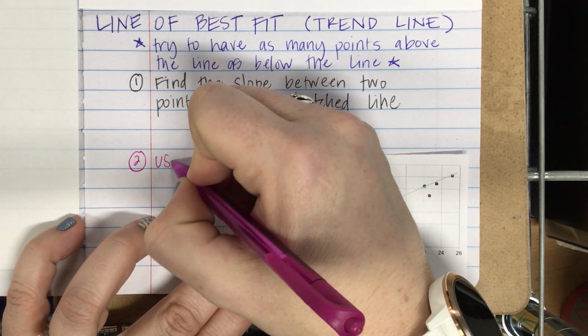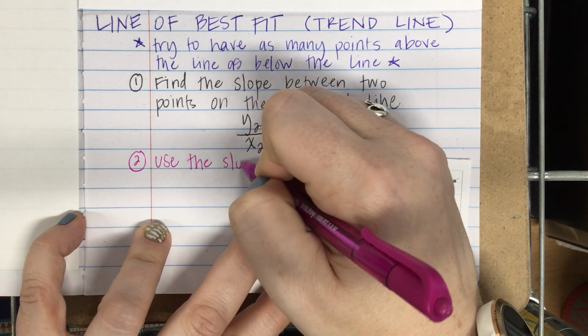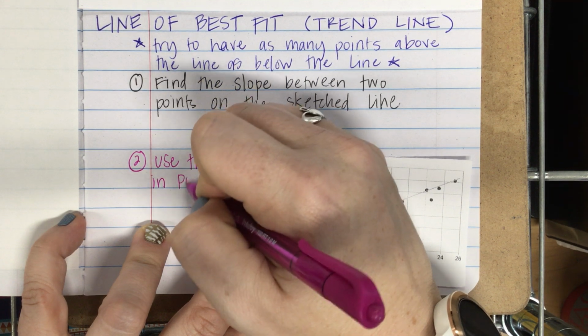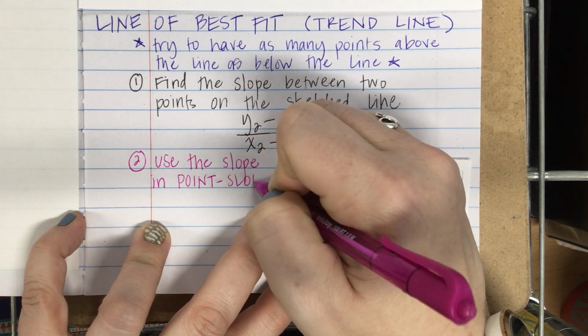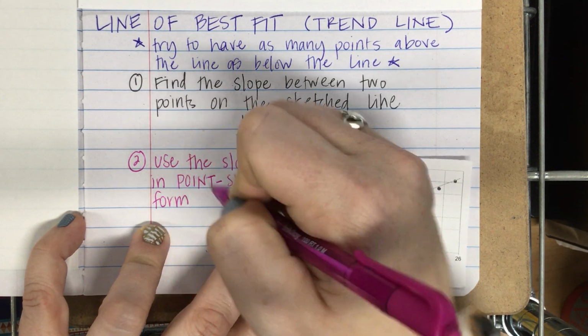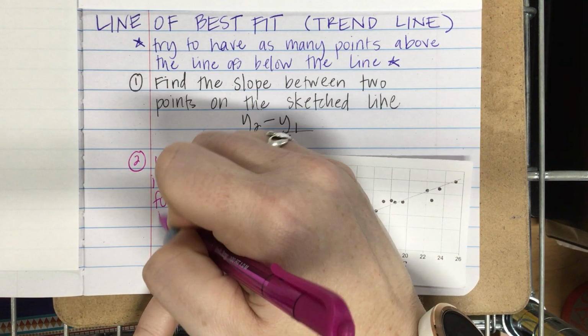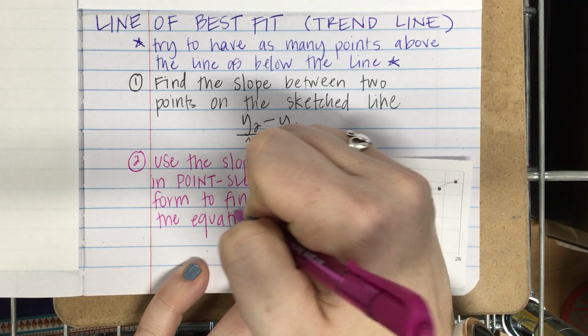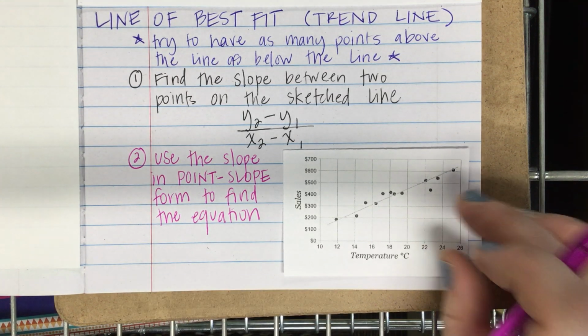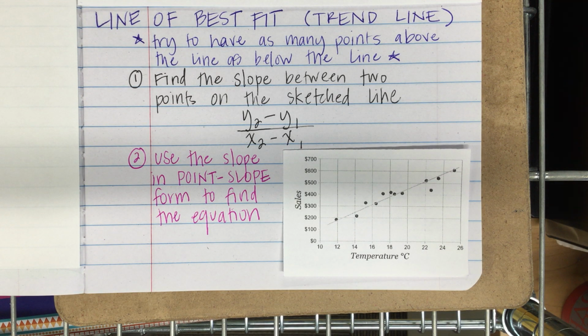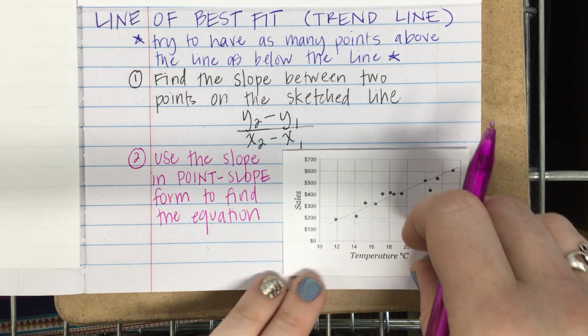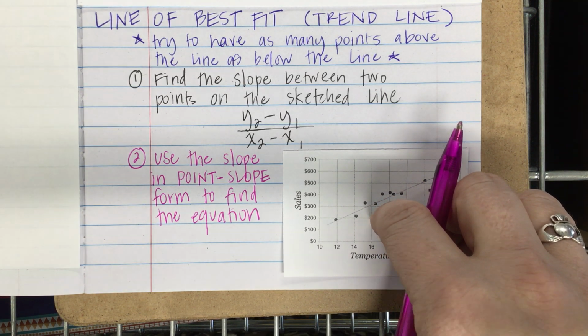You're going to use the slope in point slope form to find the equation. Anybody remember point slope form?